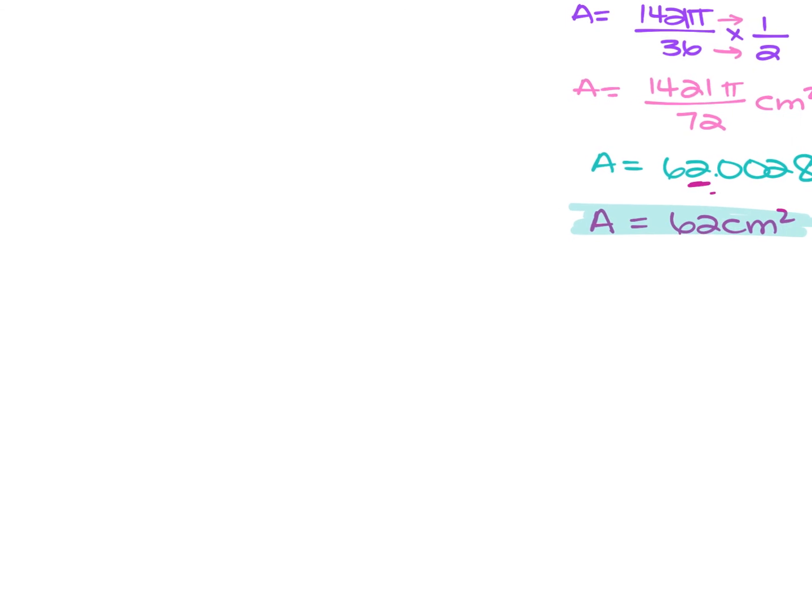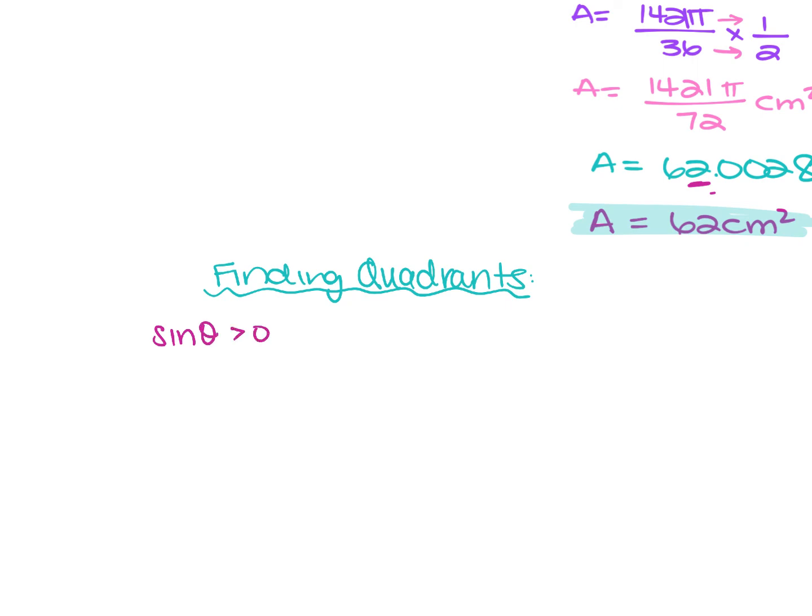So, okay, when you find the quadrants, if you have something like sine theta is greater than 0 and cosine theta is less than 0, you've got to find out which quadrant your theta lies in.